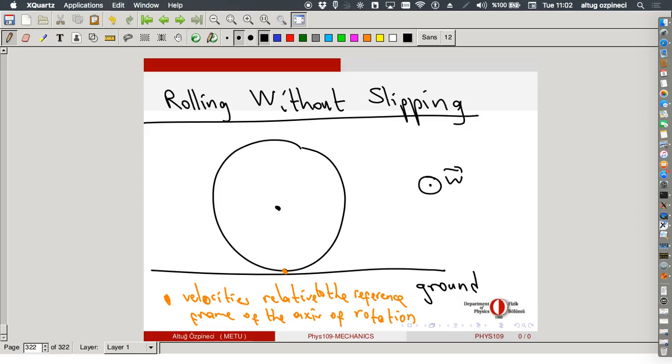So if you are in that reference frame, if omega is pointing towards you, it means it's rotating like this. Okay, what is the direction of the velocity of the bottom point? It's in this sense.